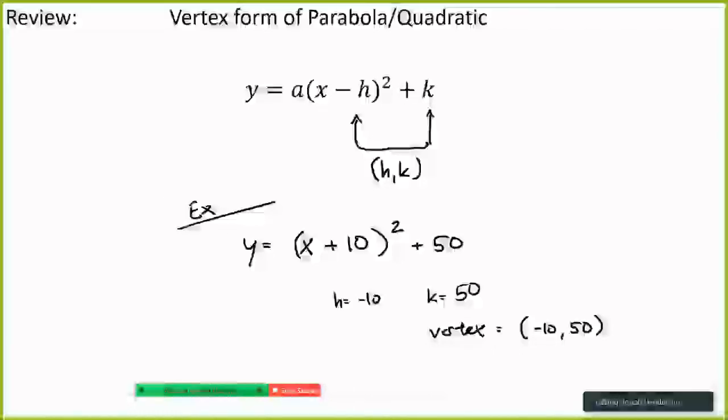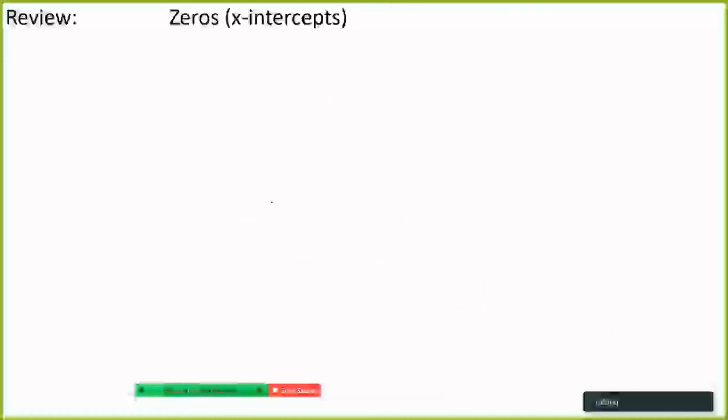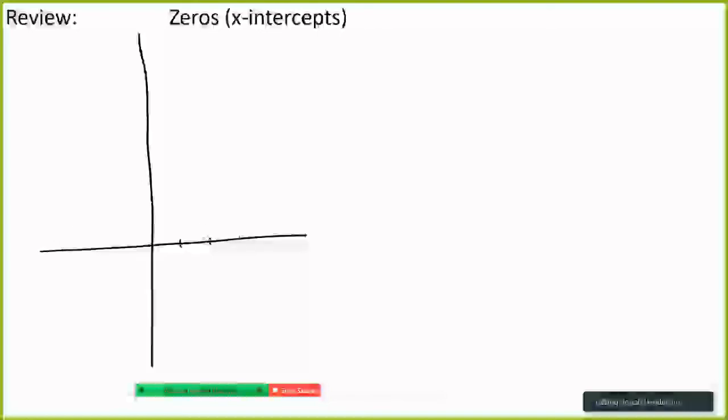Just an example. Let's talk about the zeros real quick. We did these in two different forms. So if you have a graph given to you, let's say we had this graph here, and we had our parabola crossing through at 1 and 5.